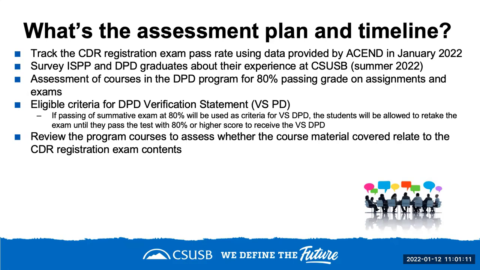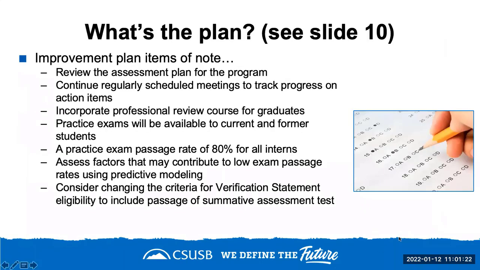And then we need to also look at the program courses to assess the course material covering our registration exam contents. And so the plan was that we wanted to review the assessment plan for the program, looking at all the courses within the didactic program, and also making sure that they are passing, doing their assignments and passing the exams with a B- or better, or B or better, with the 80% pass rate.